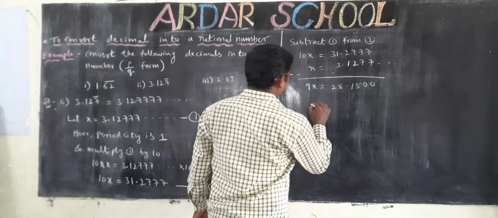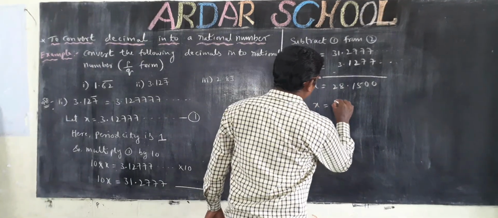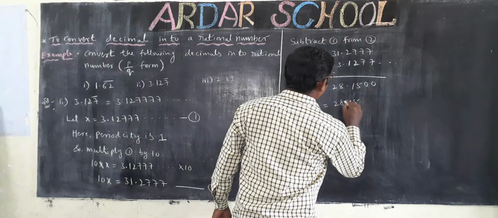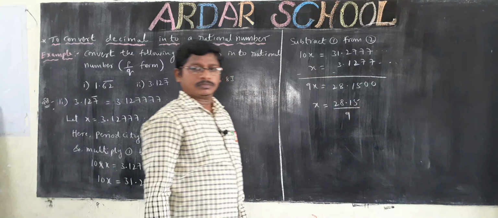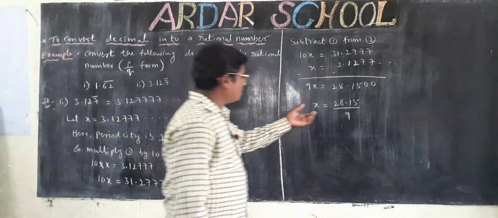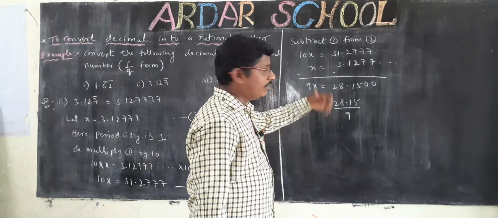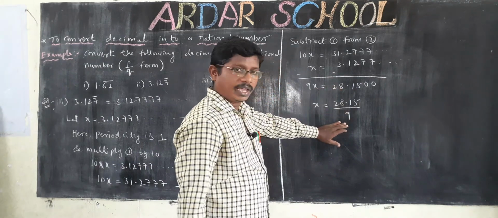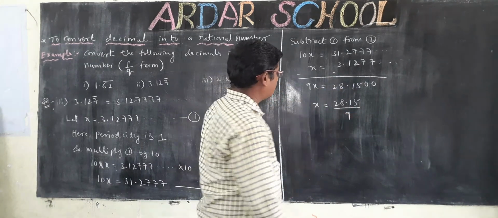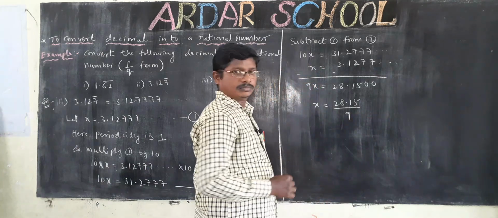That is equal to 9x, x is equal to 28.15 by 9.